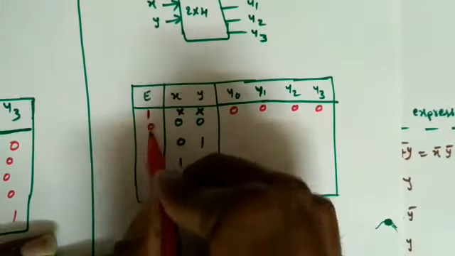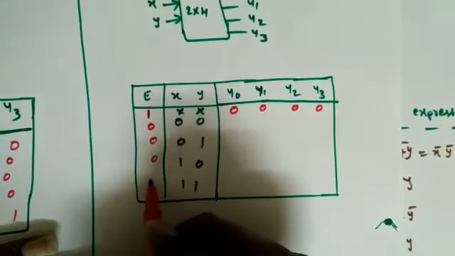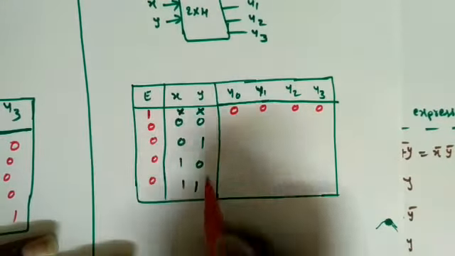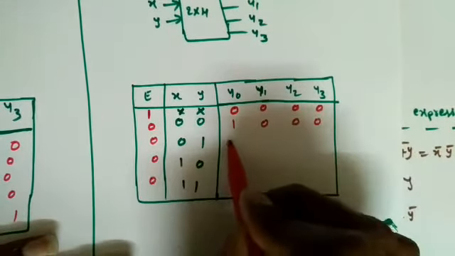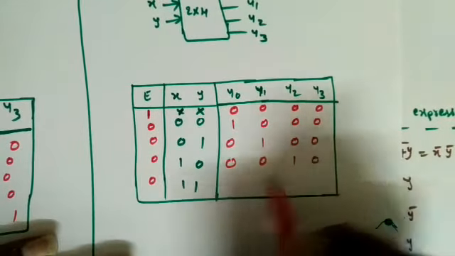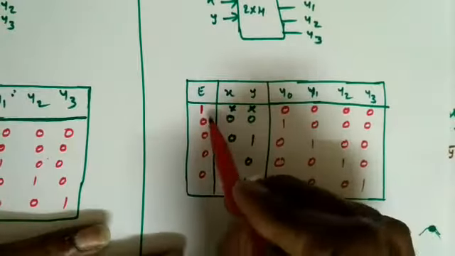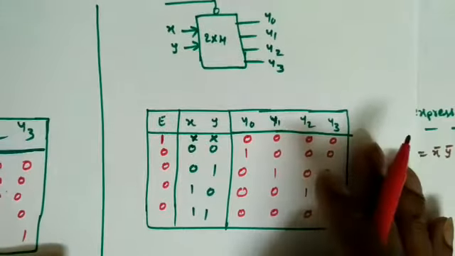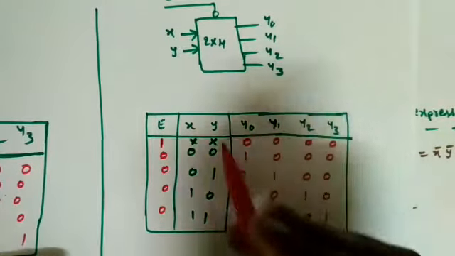In the next case, when the enable input is 0 for active low, it will do the conversion. So 0, 0 means 1, 0, 0, 0. Similarly for the second and third, the same truth table we get. The only variation is the enable input. Whenever enable input is 0, we will get the conversion. Whenever enable input is 1, we will not get any conversion.